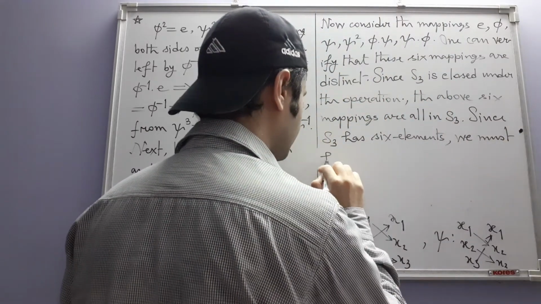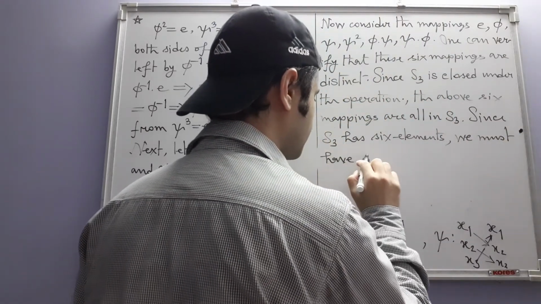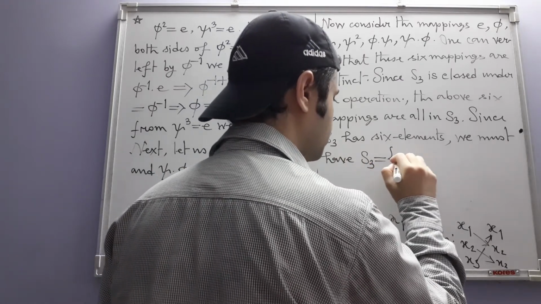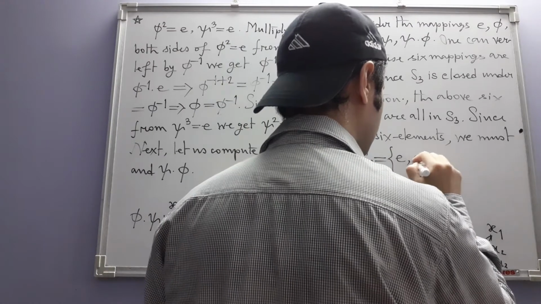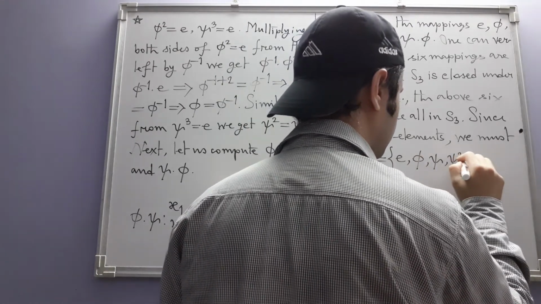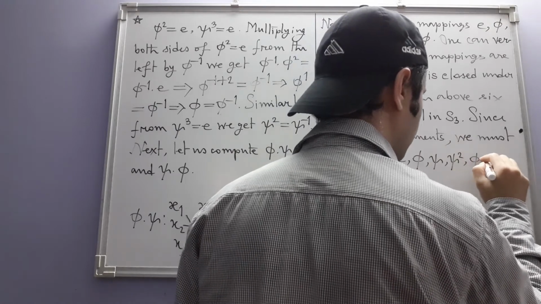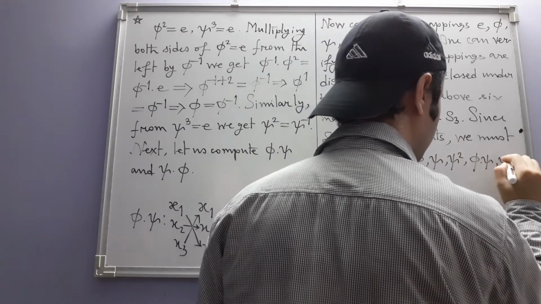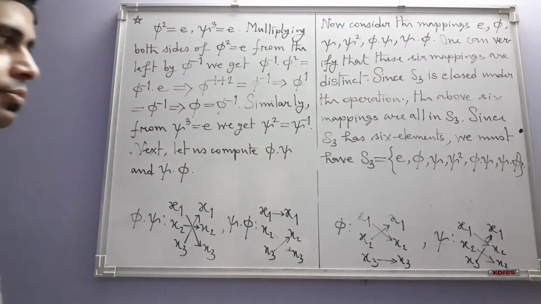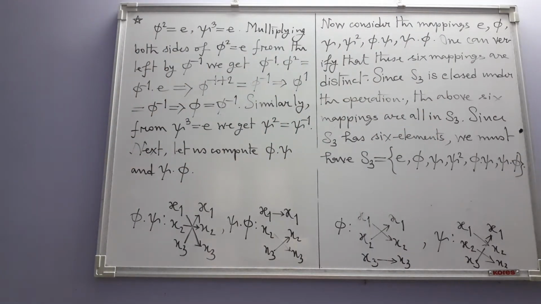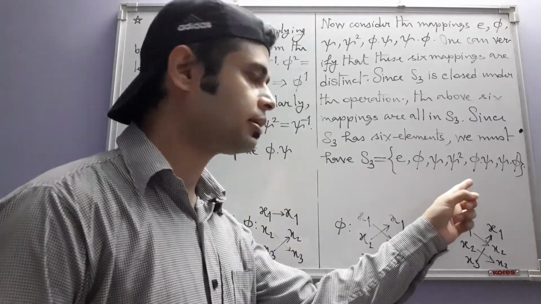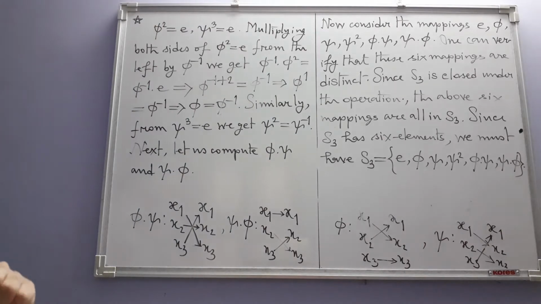We must have S3 equal to identity, phi, psi, psi square, phi dot psi and psi dot phi. So using these two mappings we have actually generated all the elements in S3.